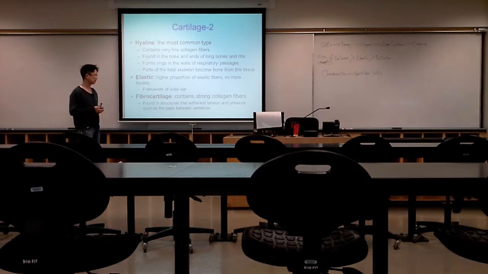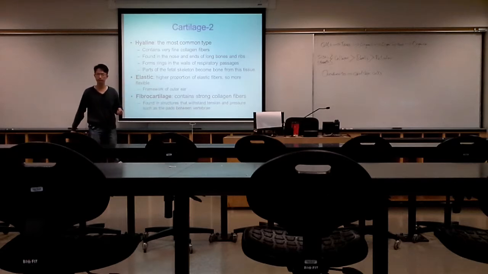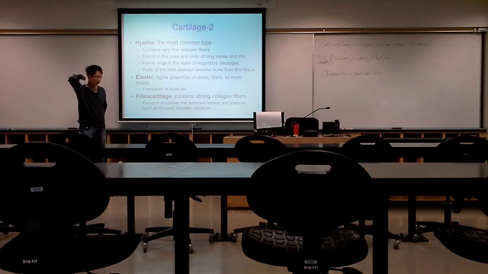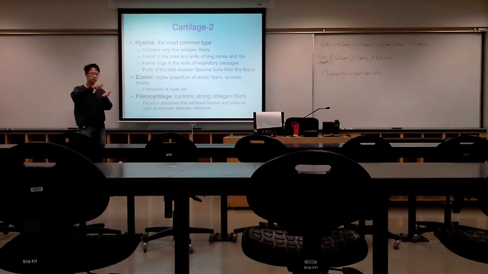Where can we find this cartilage? In between our vertebrae, so in between our vertebral column. When we jump, our vertebral column, all the bones, will press against each other. But in between each of the vertebrae, there's this fibrocartilage. It acts like a cushion to absorb all the shock or all the pressure when we jump or walk.